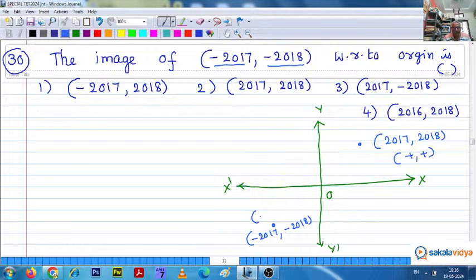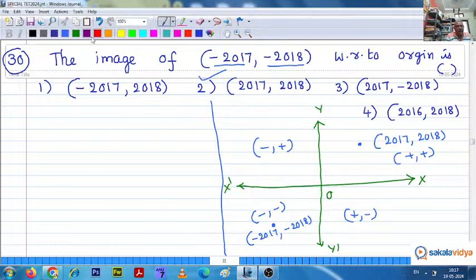Here actually both coordinates are negative. In the second quadrant negative comma positive. In the fourth quadrant we have positive comma negative. So that's why our answer should be positive, positive, which means only second option. This is one method.